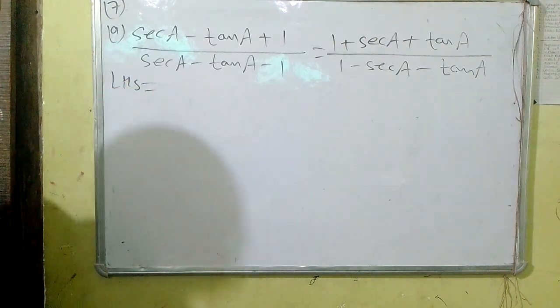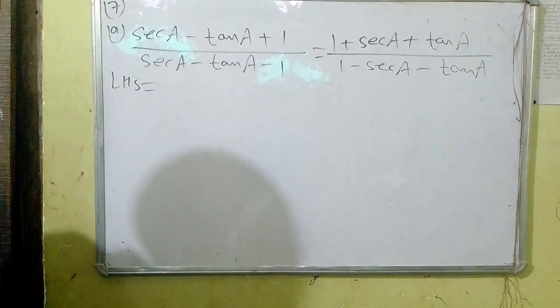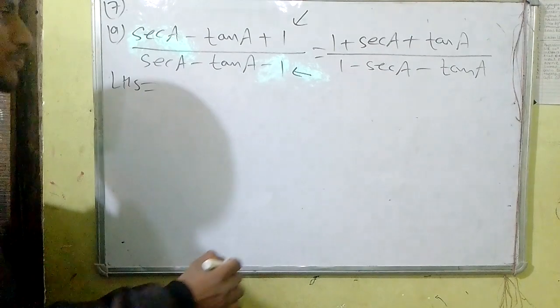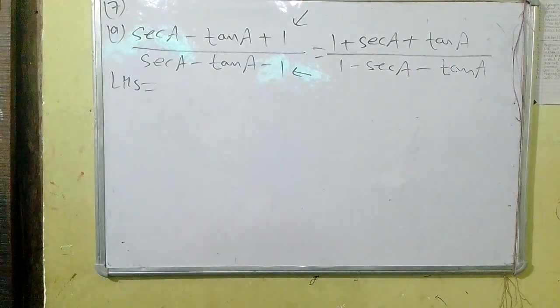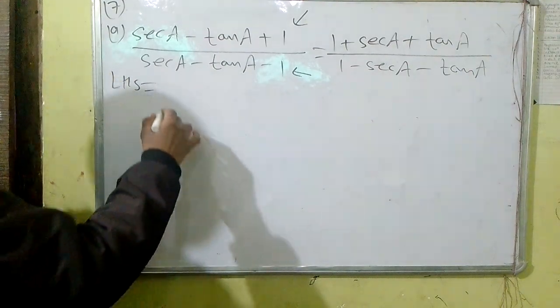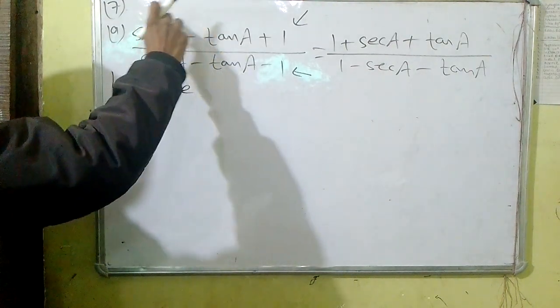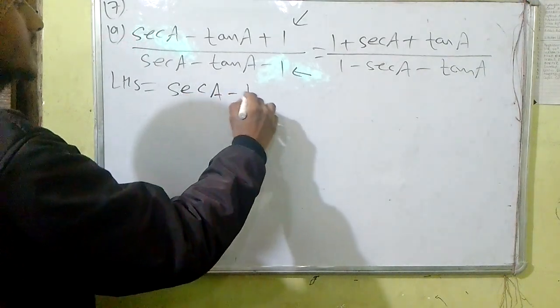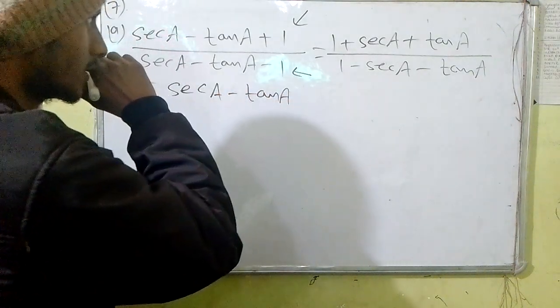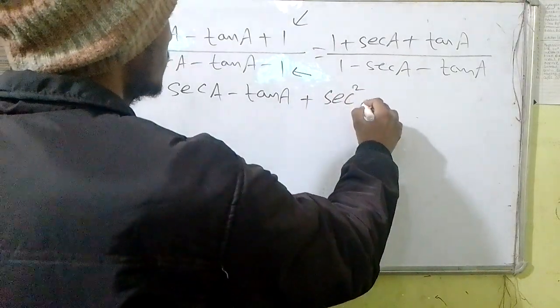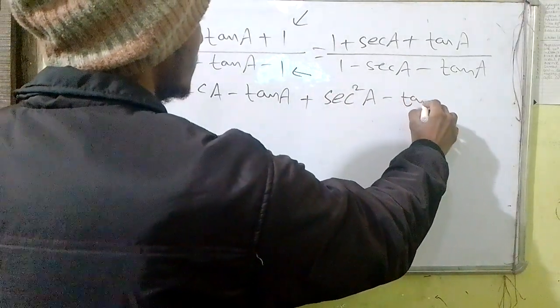To solve it, what you have to do is replace the 1 here by the identities that we already know, but you have to have secant and tangent in them. So we're going to write secant a minus tan a as it is, and then replace 1 with this identity, secant squared a minus tan squared a.